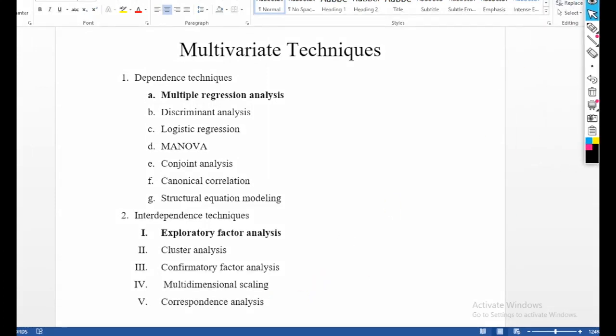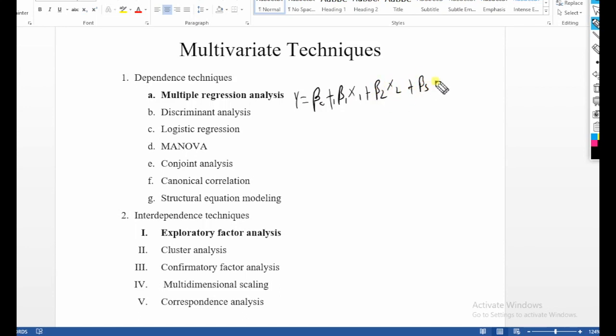In the dependence technique, we find the relationship between two or more variables, like multiple regression analysis. The equation of multiple regression is y equal to beta 0 plus beta 1 x1 plus beta 2 x2 plus beta 3 x3 plus an error term, epsilon.